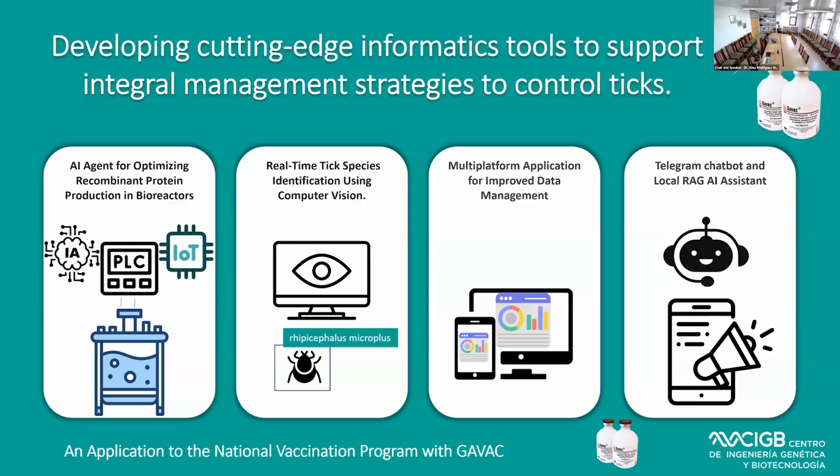The third application is a multi-platform application for the automation of data management in the National Vaccination Program. And the last one is a chatbot with a knowledge base to support the promotion and digital marketing in the program. So let's dive in.